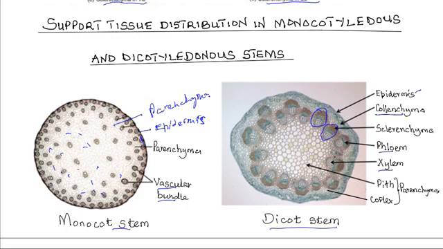To the outside of the phloem there is the sclerenchyma. Then you have the parenchyma cells making up the pith at the center, and the cortex just outside the vascular bundle. So both monocots and dicots do have the mechanical tissues, but the distribution varies.